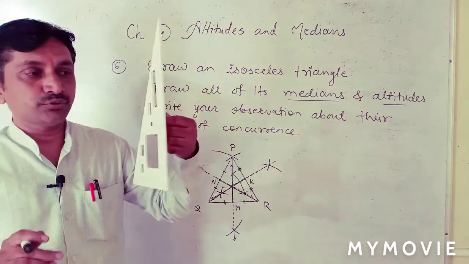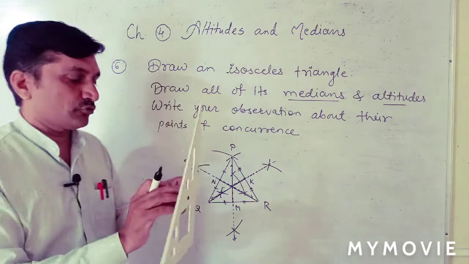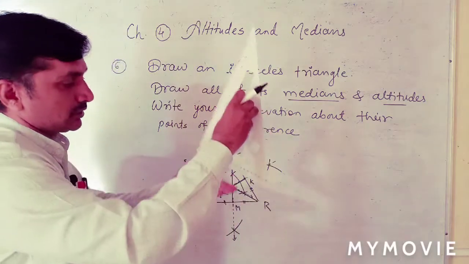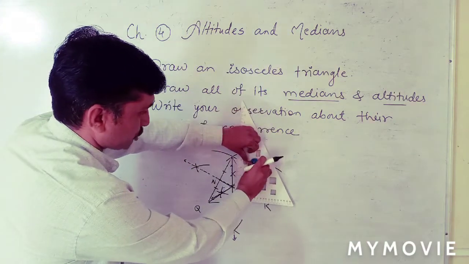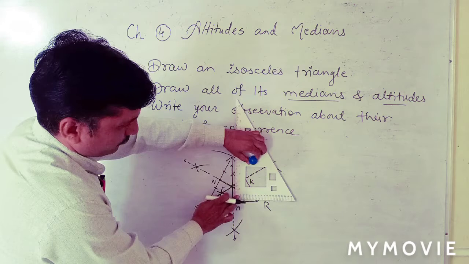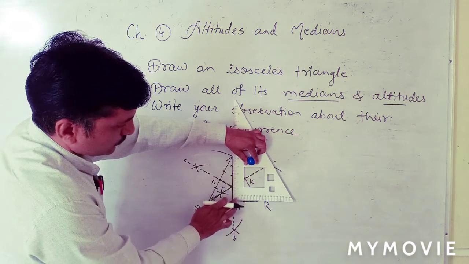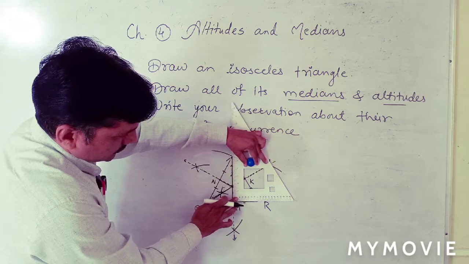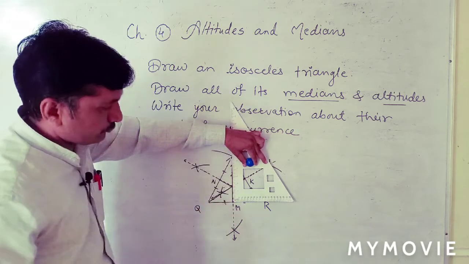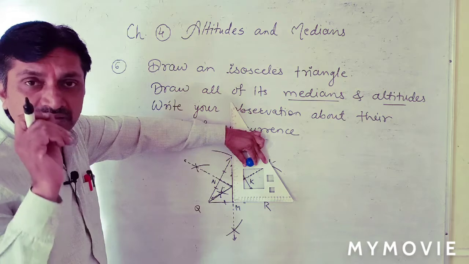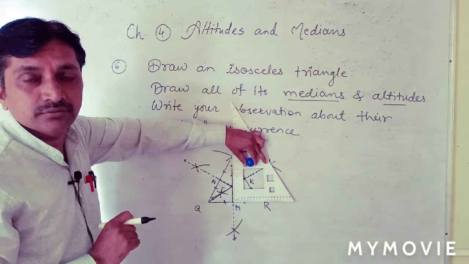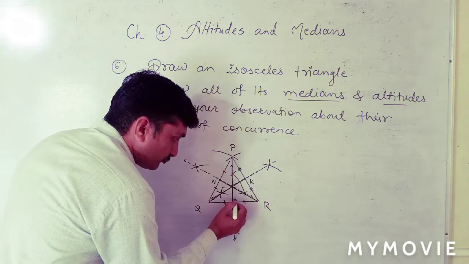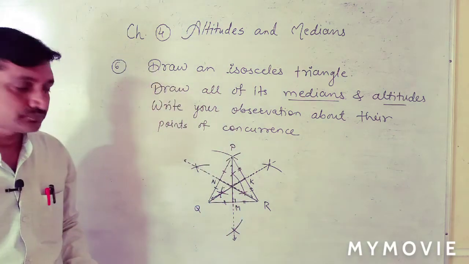Now for altitude. For altitude we have to draw a perpendicular from the vertex to the opposite side. Now the vertex is P. I adjust this line on the base of the set square, put on the base of the triangle, and the vertex should come on the vertical line. If you see here, where we drew the median, at the same point the altitude is coming. PM is a median and at M we get 90 degrees also.